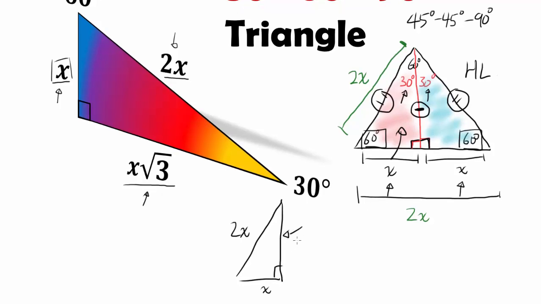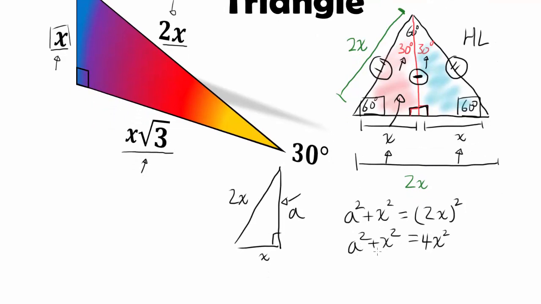We wish to find the length of this side, and let's let the length of this side be a. By the Pythagorean theorem, a squared plus x squared has to be equal to 2x squared, and squaring 2x gets you 4, since 2 squared is 4, and squaring x gets you x squared.